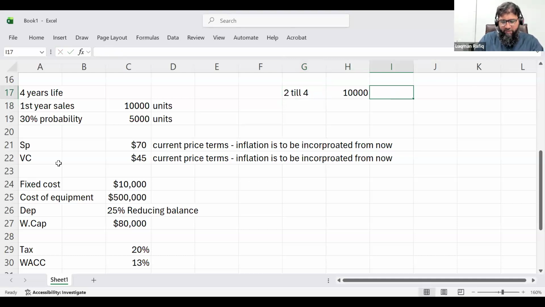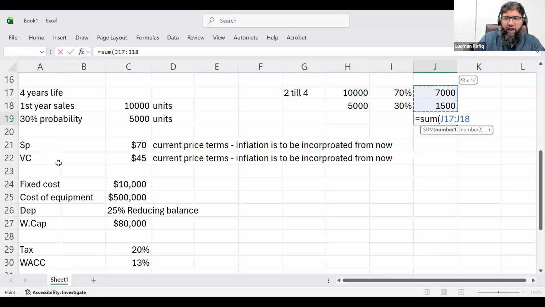What is going to happen is that there is a 70% chance that it will be this, 5,000 units, and a 30% chance for the other. So resultingly, if we add up both of them, 8,500.